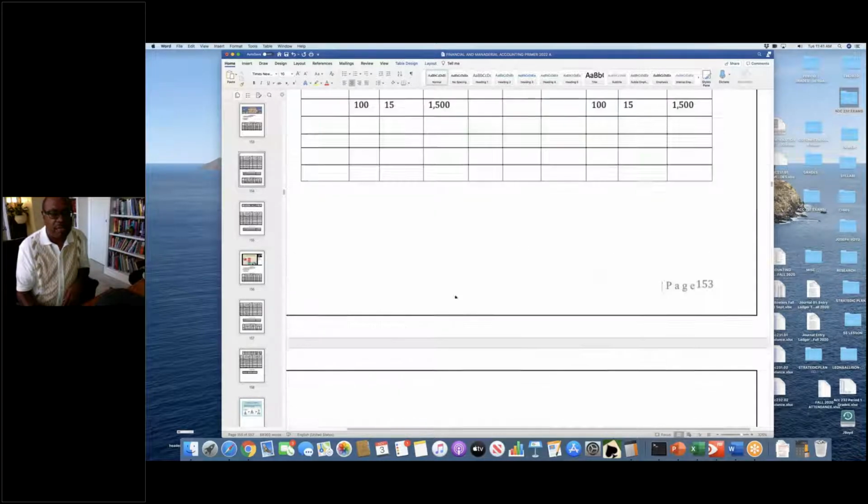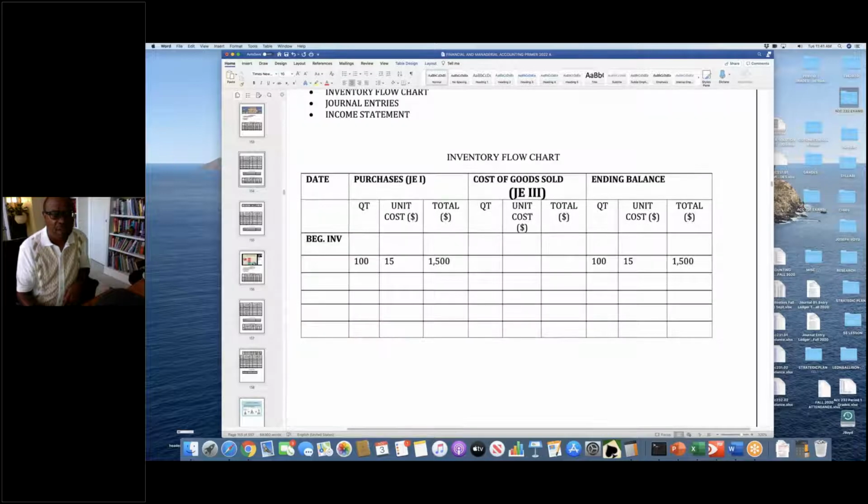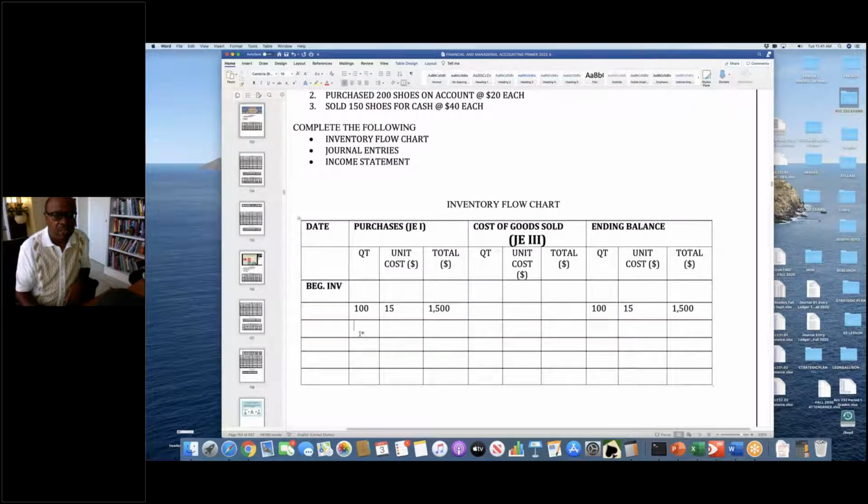And now we need to put these in the chart. So 200 purchased at $20 each gives us $4,000. And we're gonna move these over to the balance column. Any questions so far?